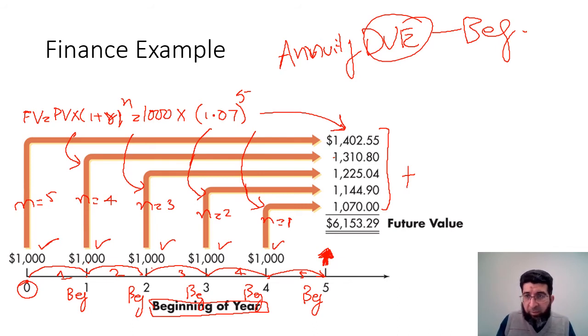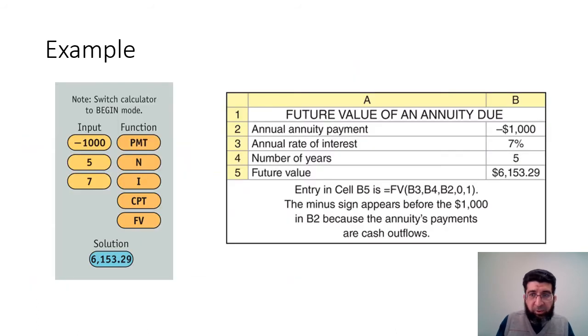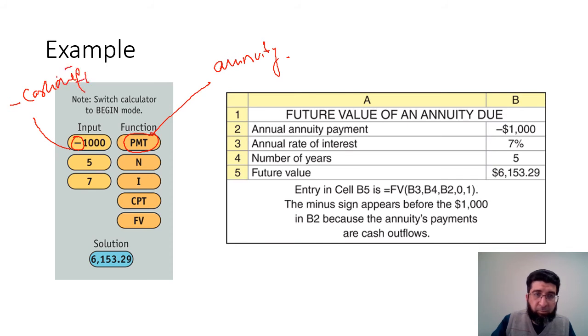Now let's look at the other tools to compute the same example. If you're using a calculator, you again use PMT, which denotes the annuity, and minus means cash outflow. So n is equal to 5, interest rate is 7%, press compute, and then you will have the future value.